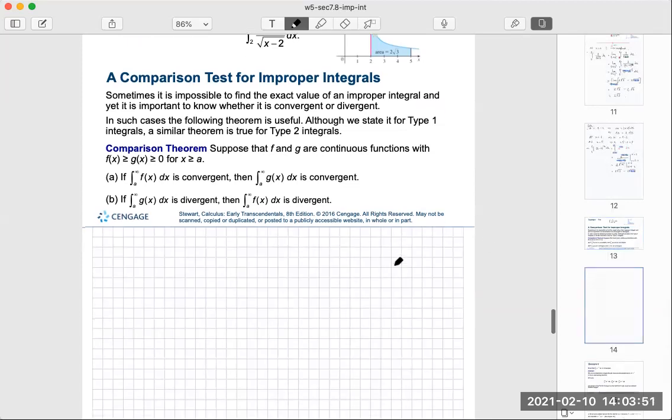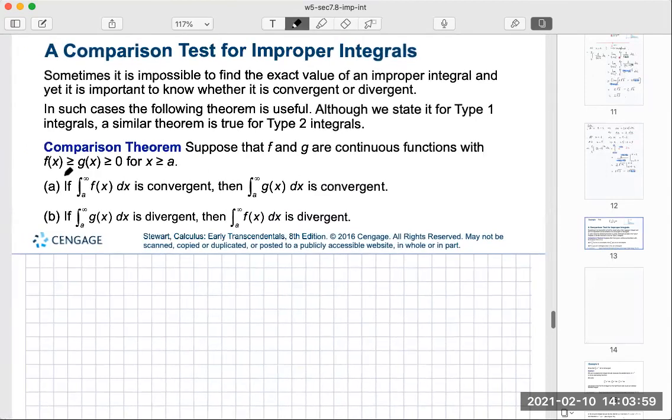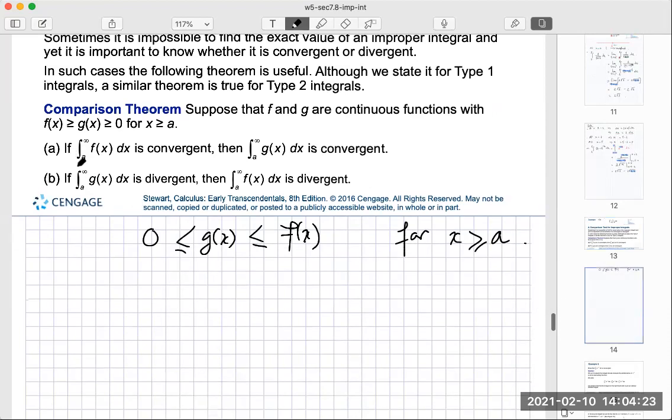Now the comparison test tells us that, suppose f and g are continuous functions, such that f is larger than g, and g is a positive function for x larger than a. Then they say that if this integral is convergent, then this integral is convergent.